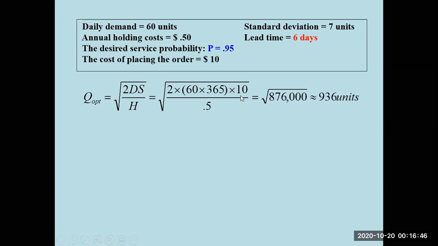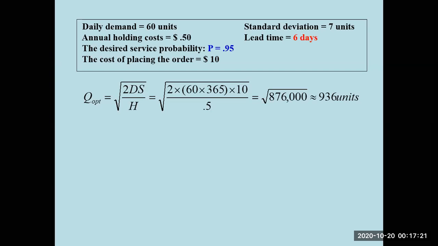Annual demand times order cost, divided by 0.5 annual holding cost per unit, square root, equals the square root of 876,000, which is approximately, rounded up, 936 units.